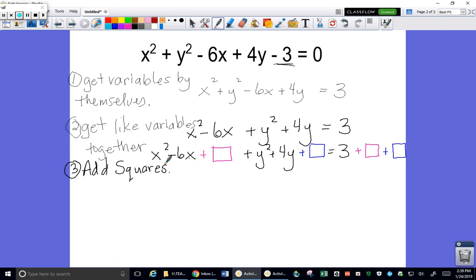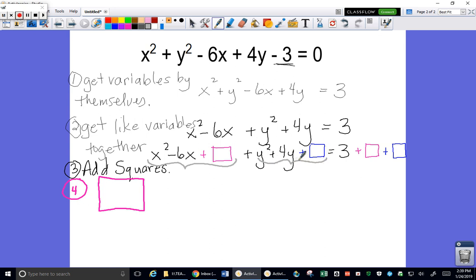So step number 3 is adding the squares. Now here's the most important part. What goes in the squares? Numbers do in fact go in there, one specific number in particular, and that is the number that will make this into a perfect square trinomial.